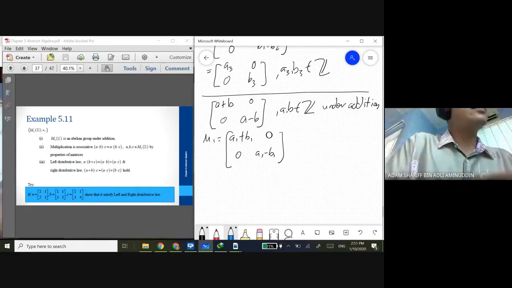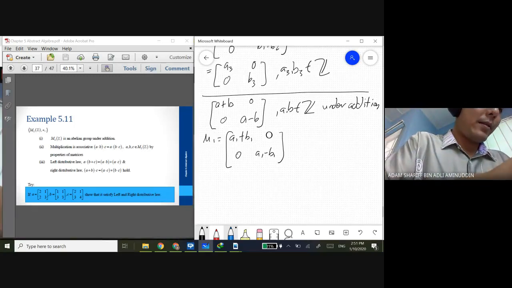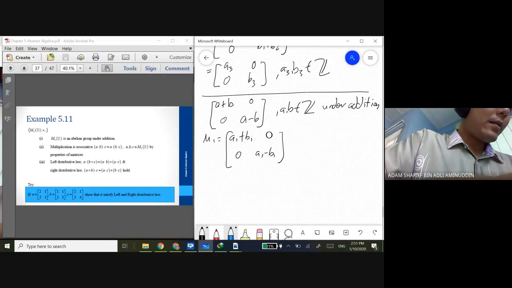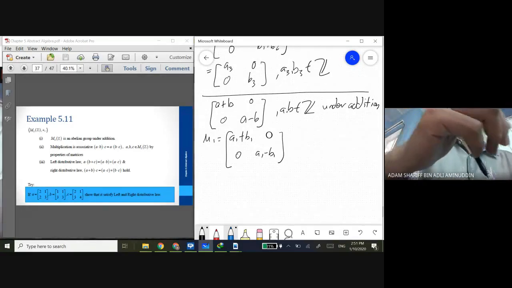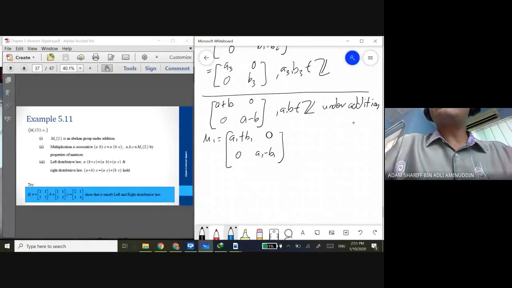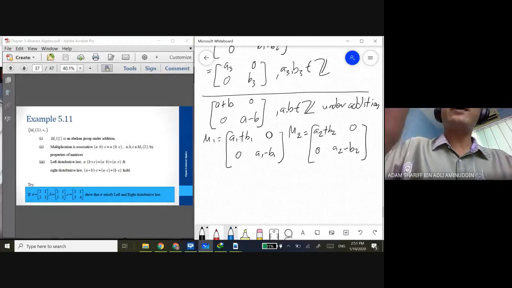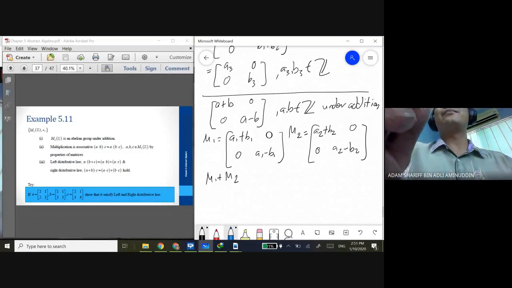The second matrix becomes A2 plus B2, 0, 0, A2 minus B2. And how do you add up M1 plus M2?